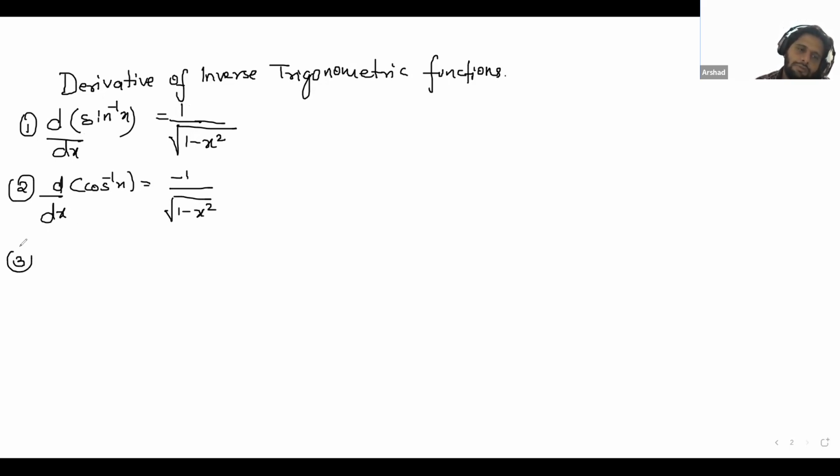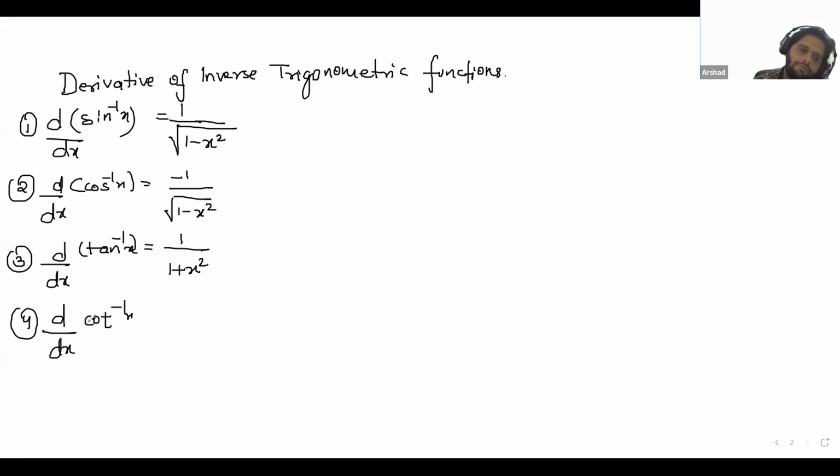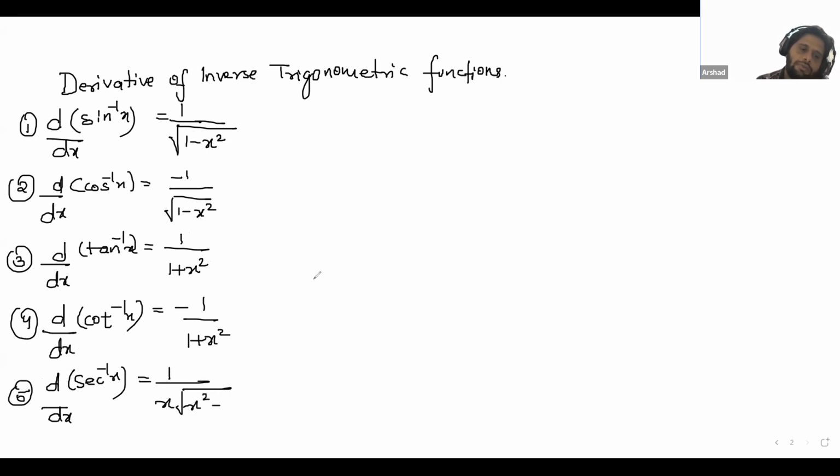Third is derivative of tan inverse x, which is 1 by 1 plus x square. Fourth is derivative of cot inverse x, which is minus 1 by 1 plus x square. Fifth is derivative of sec inverse x, which is 1 by x under root of x square minus 1.